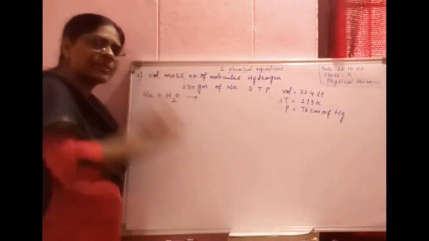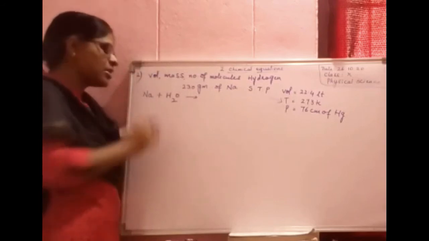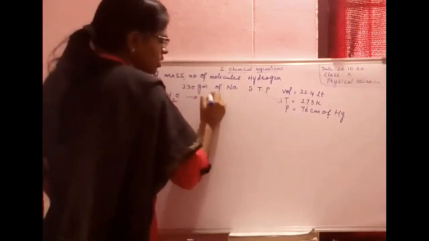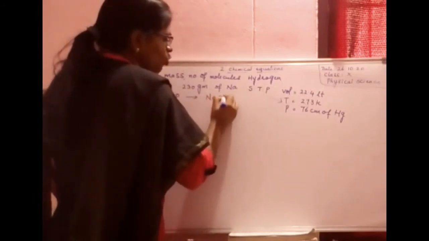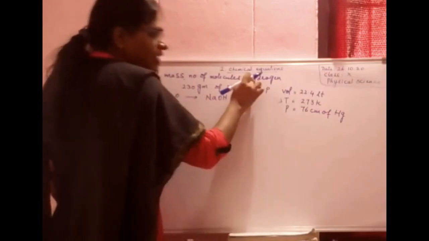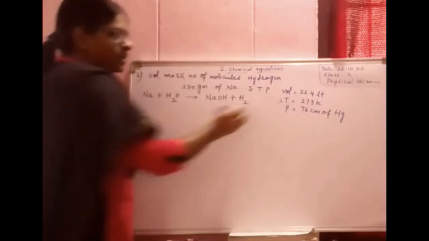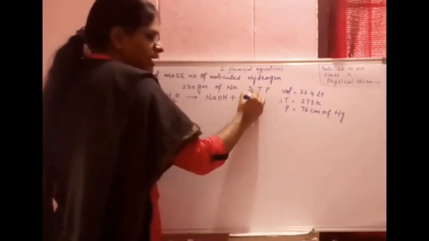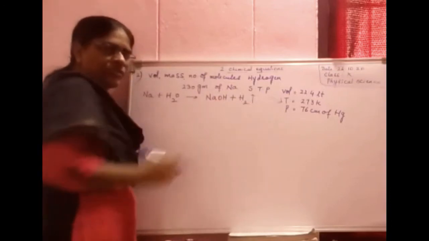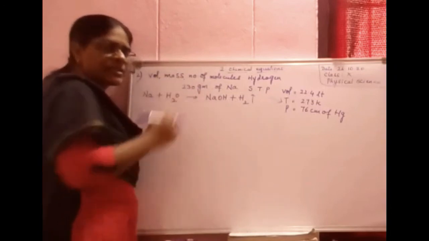By looking at the problem, we write the chemical equation. Na plus H2O gives NaOH plus H2, because he said hydrogen gas is liberated. I told you, whenever gases are coming out, the indication is an arrow upwards. It is a gas.